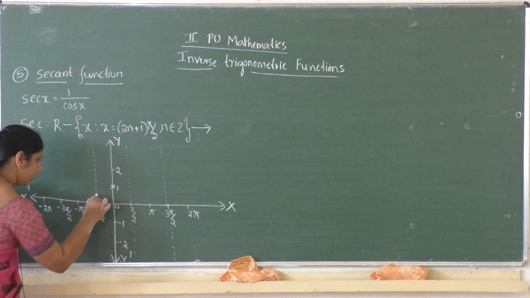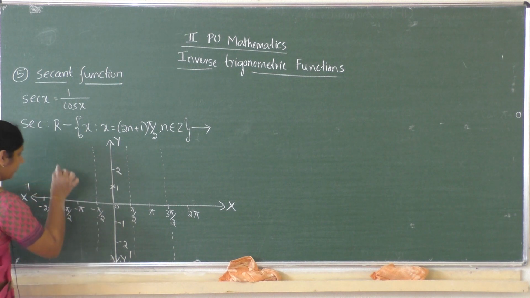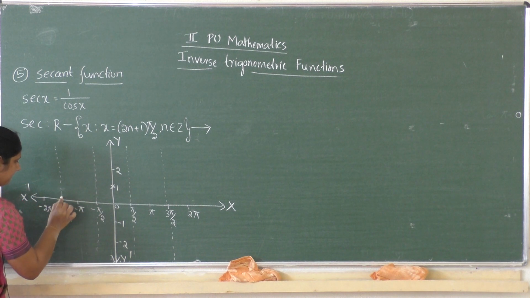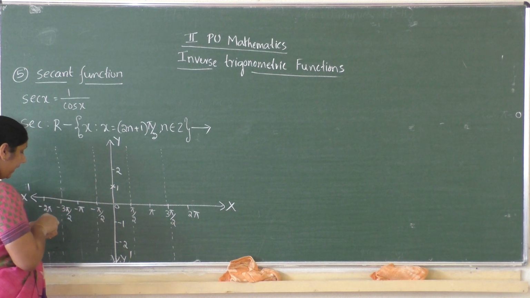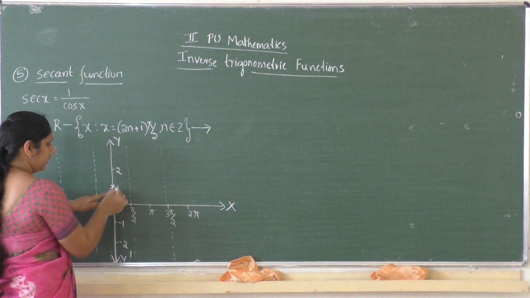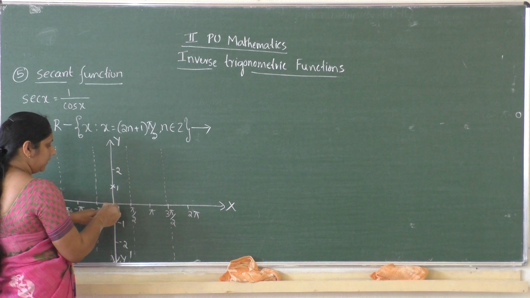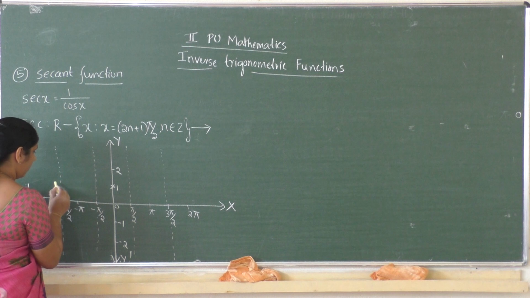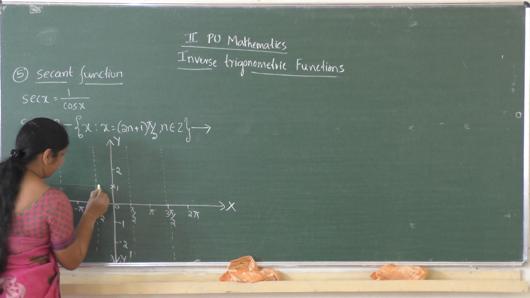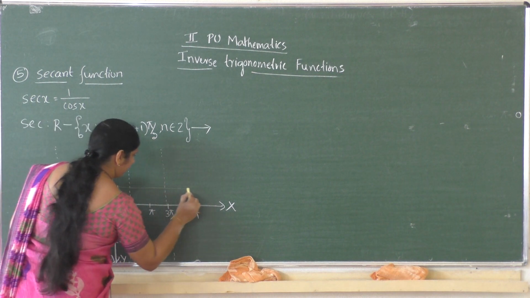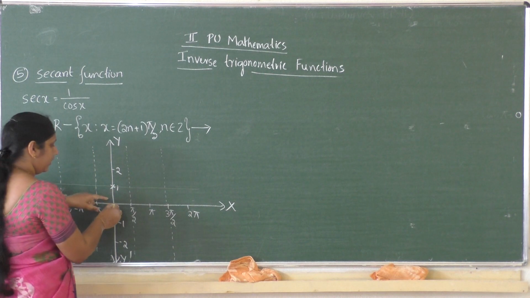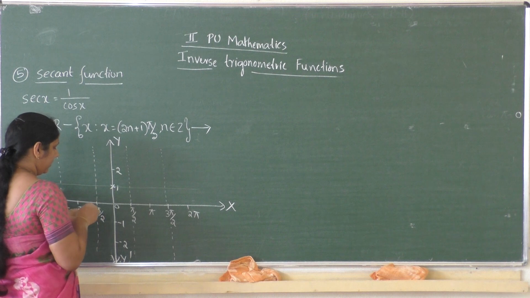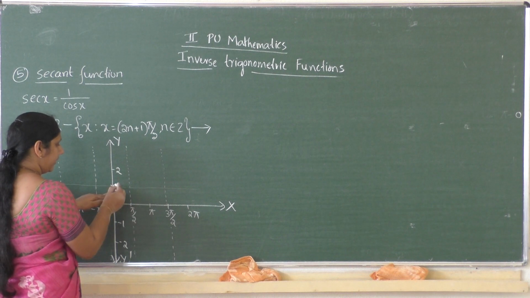So like this. So again, see here there are no values in between 0 to 1. So again I will draw one more line. So graph should not exceed this line. See, sec 0 value is 1 and sec pi by 2 not defined.